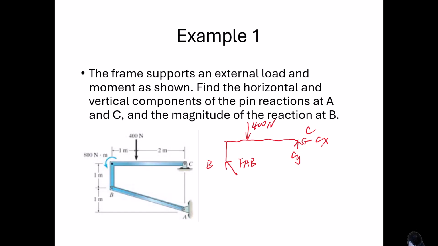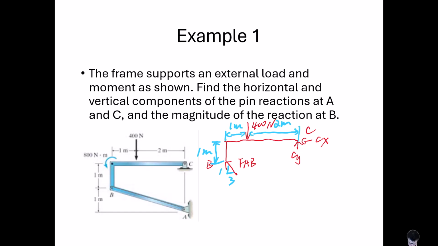So the slope of the member AB is 1/3. Okay, and also let's label its dimension. So it's 1 meter. Here is also 1 meter. Here is also 2 meter.